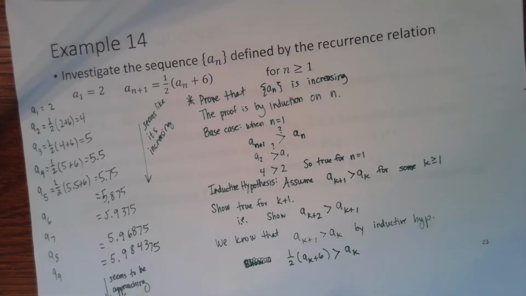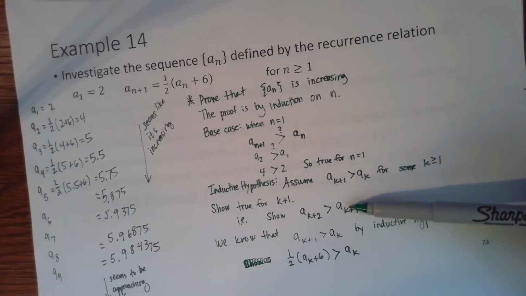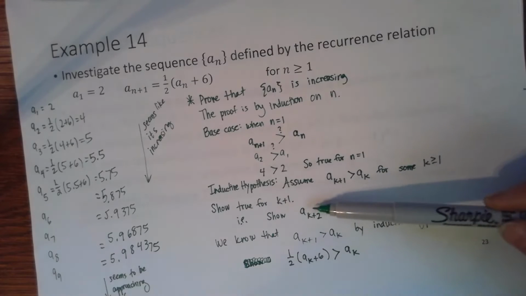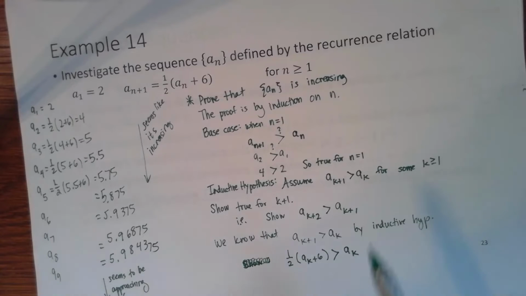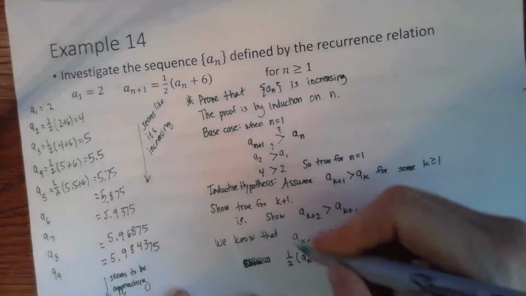If we think about a sub k plus 1, it's this, 1/2 of a sub k plus 6. Now, I have an a sub k plus 1 here, and if I want to show that it's less than a sub k plus 2, to turn it into a place that I can substitute for a sub k plus 1, I need to turn it into an expression that looks like this.